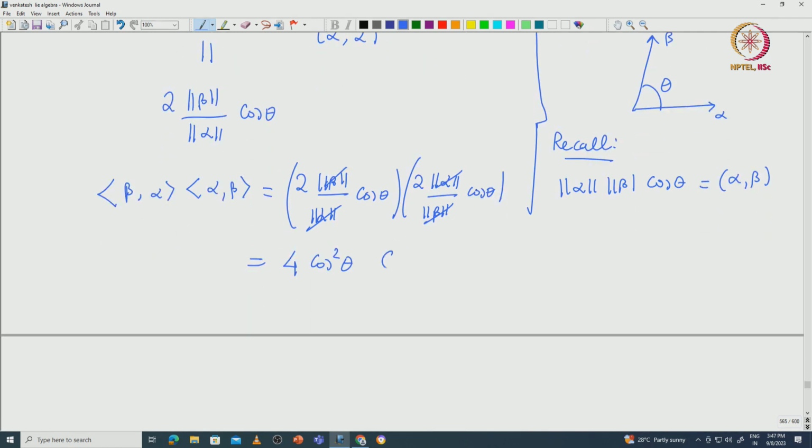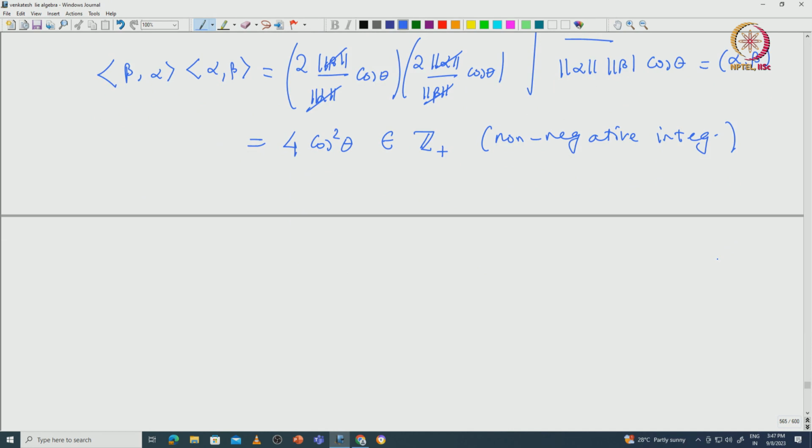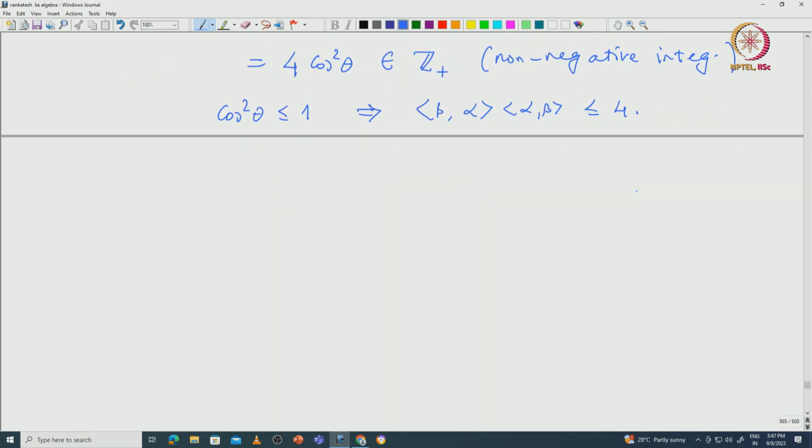Since this must be an integer, and it is the square of something, it must be a non-negative integer. Since cosine squared is at most 1, you can conclude that the product of ⟨β, α⟩ and ⟨α, β⟩ can be at most 4. Now let us see whether it can take the value 4.